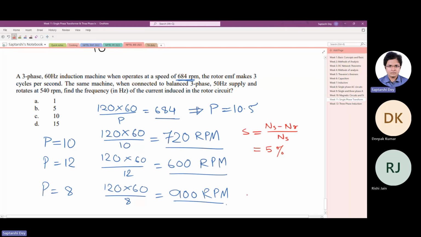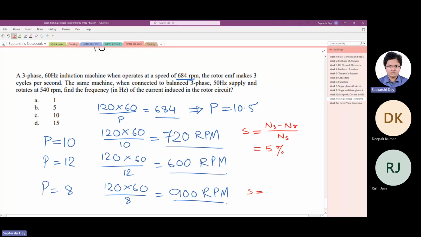Whereas the slip here comes out to be, if I take it as an 8-pole machine, 24%.